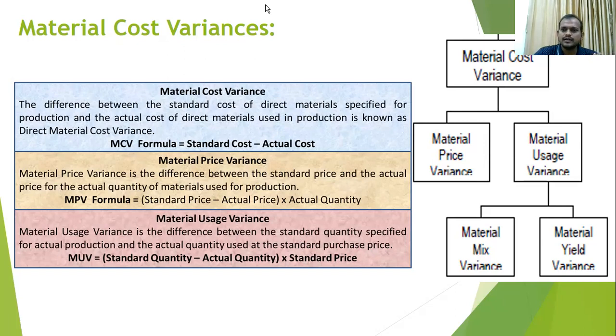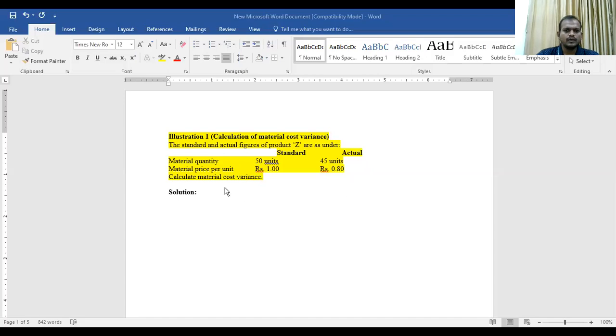Let us understand the same concept through an illustration. In this illustration, we will know how to calculate the material cost variances. The standard and actual figures of project Z are as under.